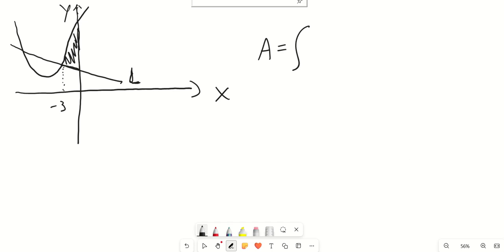So this area A is the integral. I just take the function from above minus the function from beneath.